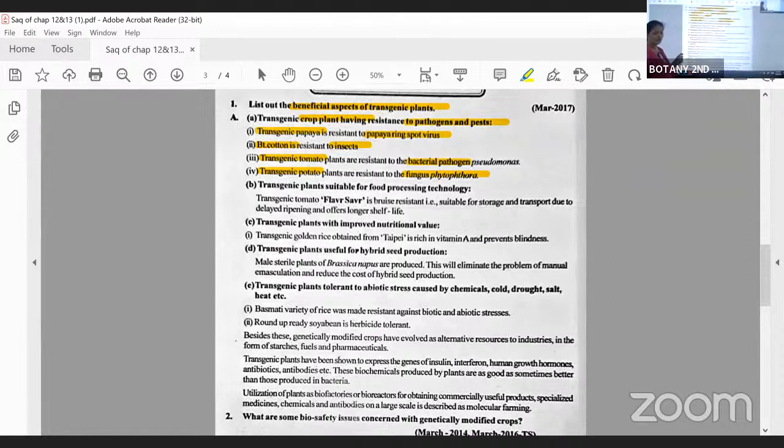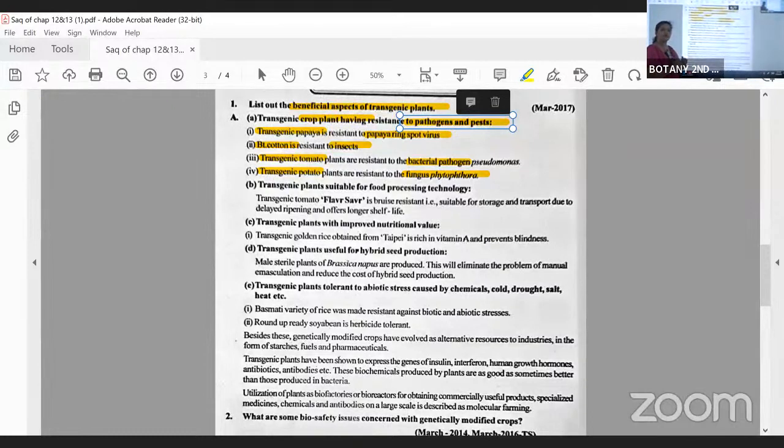Don't bother about the half mark, because I am saying this only for those who have problems with spellings. So in these 4 points, if you write 3 points it is also sufficient for the first concept, that is the transgenic plants which are resistant to the pathogens and the pests. The first one is the transgenic tomato, which can be easily remembered.